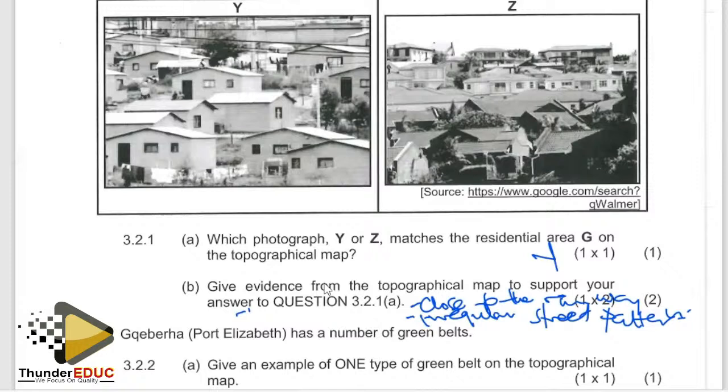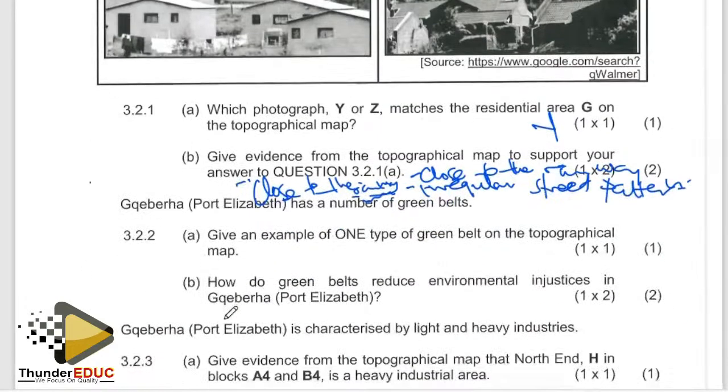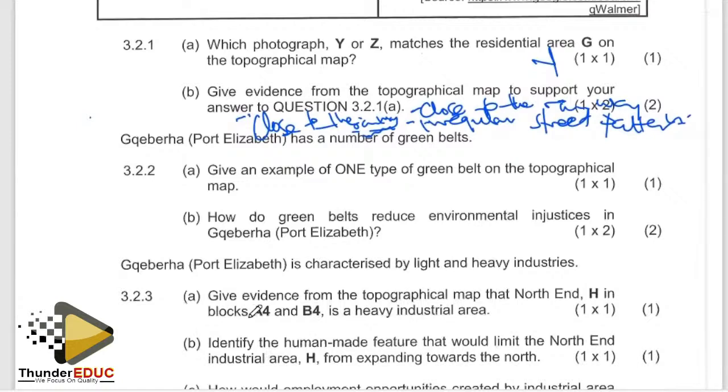It's on the outskirts, located close to the railway line. Then it is also located close to industries. All those evidences are seen on the map, but we only need one.